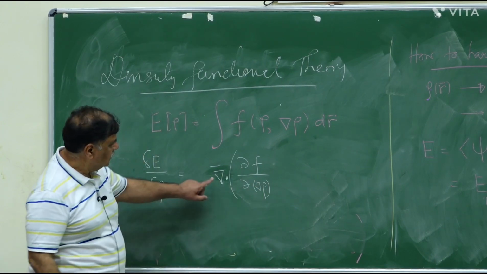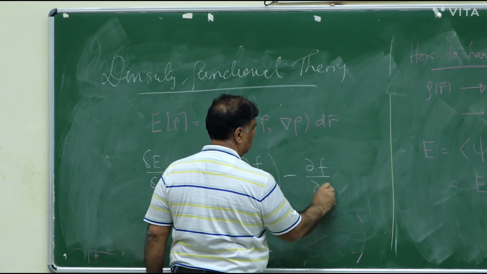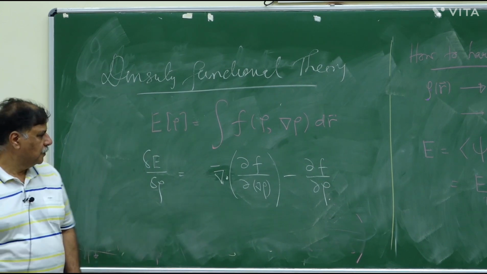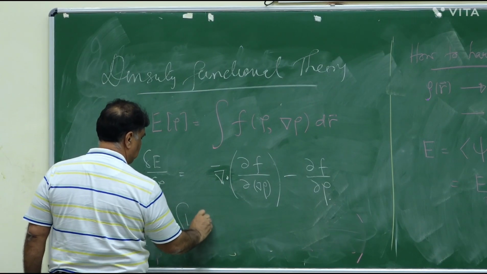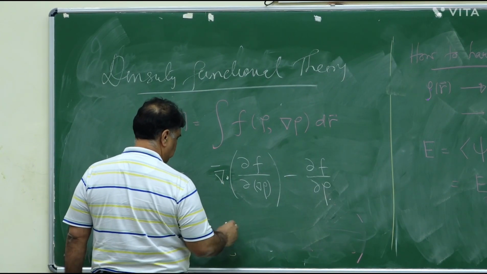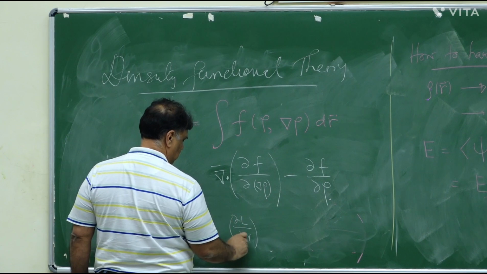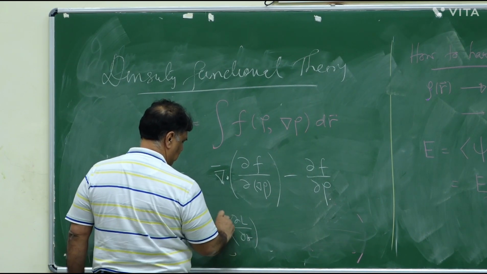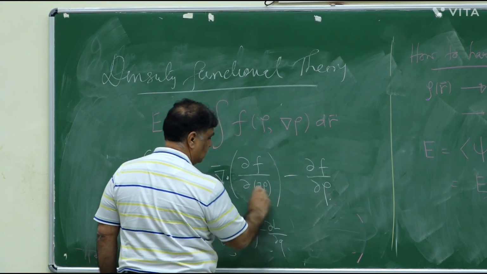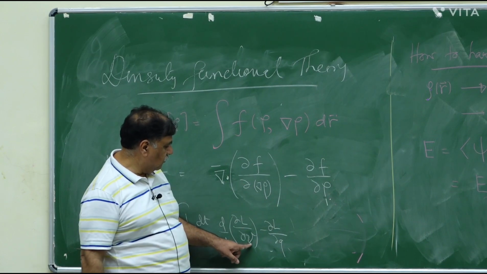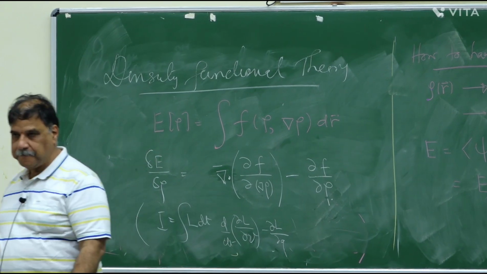This is symbolic, this is all three components. Just to connect with the action in Lagrangian mechanics, which is the integral of L dt, you get delta S equals del L by del q minus d by dt of del L by del q dot. Exactly the same thing. q has been replaced by rho. Grad of rho, which is q dot, the derivative with respect to time, has been replaced by derivative with respect to space.